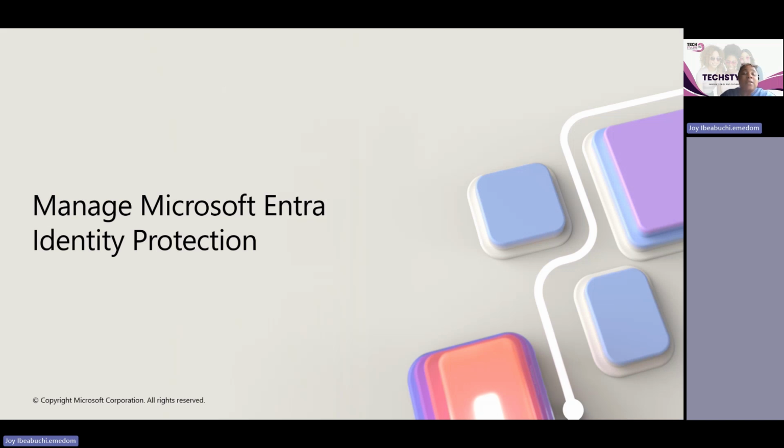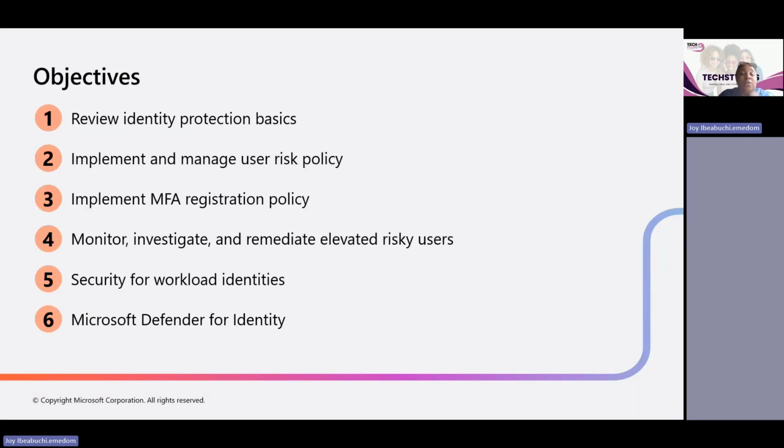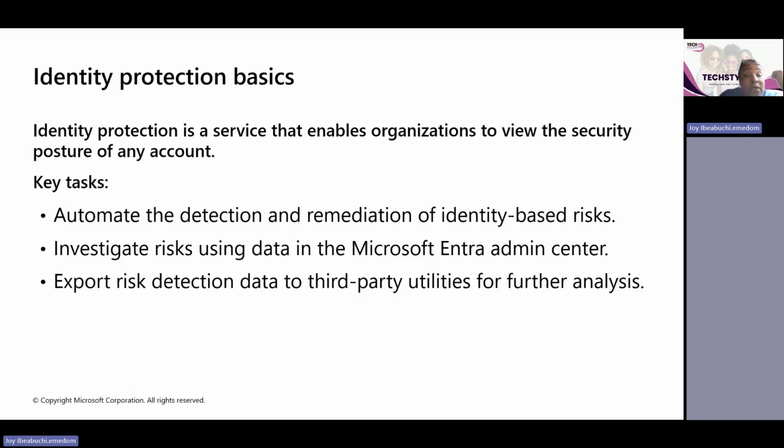There's another thing we call Identity Protection, right? On Entra, Identity Protection is a service that allows you to view your security posture. So you can say, I want to investigate the risk in using XYZ data in Microsoft Entra. And you can also say, I want to export this risk detection to maybe a third-party syslog, maybe for the SOC. Maybe the SOC prefers to use a particular kind of application to manage alerts, threats and triggers.